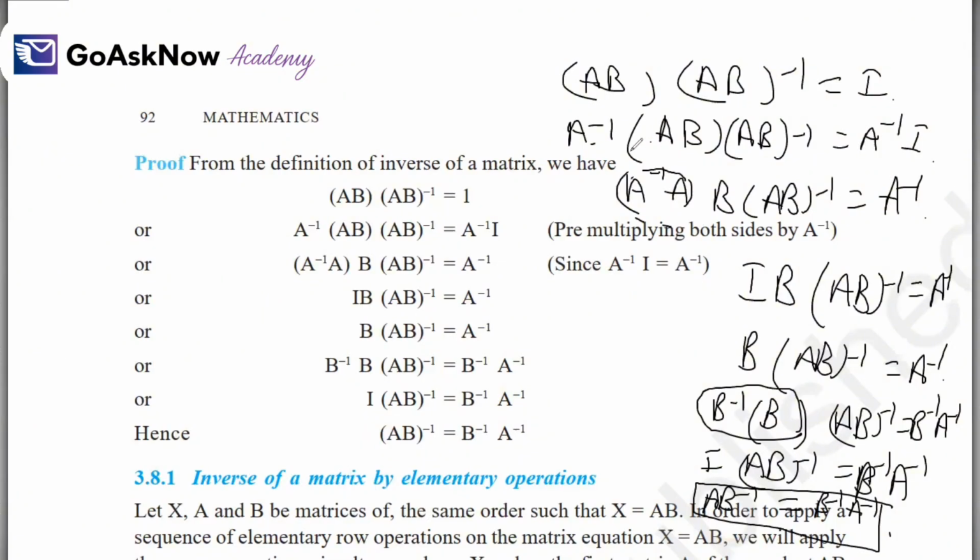You just have to multiply by the inverses of the matrices in order: A is multiplied first with A inverse, then B, which is in the first position, is multiplied with B inverse. You can multiply like this for a numerous number of matrices.